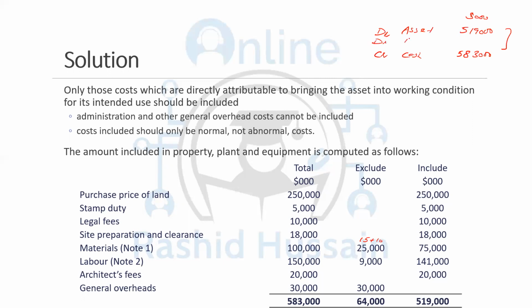That is the expense that we are going to charge. Debit profit or loss of 64,000. That is the figure which is going to be expensed out. And this is the figure which is being capitalized.